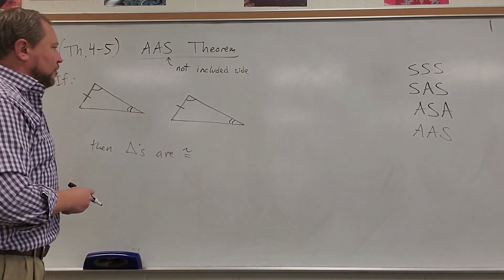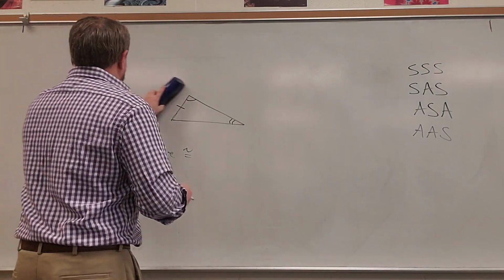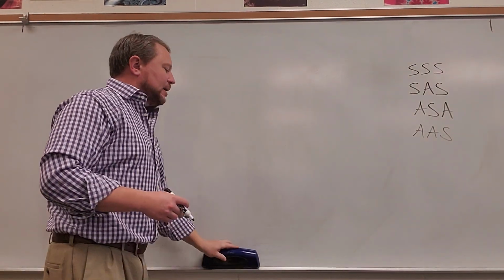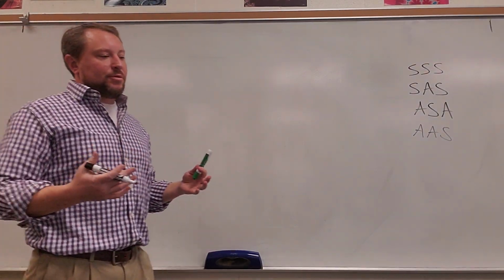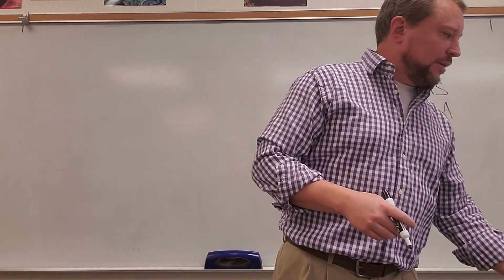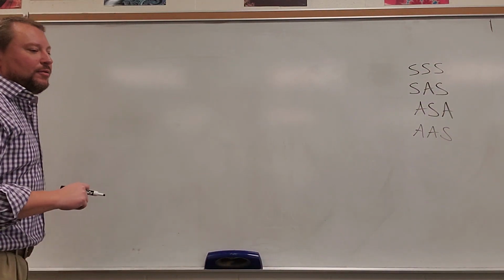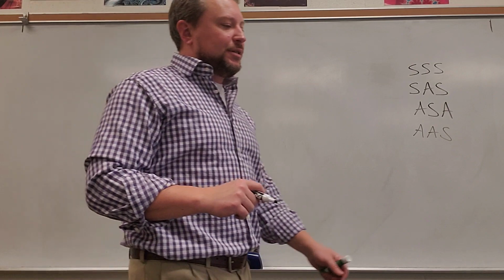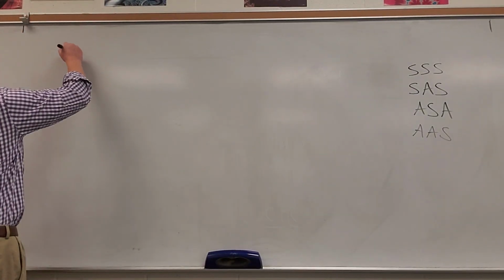It only works for right triangles. Let me erase this so I can show you my last shortcut here. In chapter 5, it's actually out of section 2 of chapter 5. And if you look it up, it's listed in there. It's postulate 5-1.